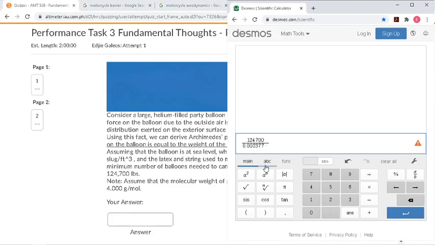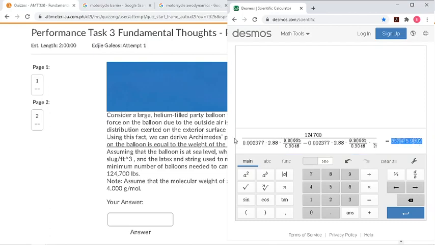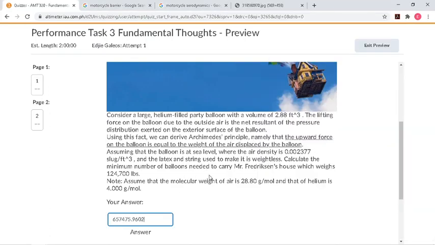Yep. 2.88 times 9.80665 divided by 0.3048 minus, so I'll just copy everything here and multiply it by 4 divided by 28.8. Okay, so therefore our answer is 650,000 balloons are needed to carry our house.